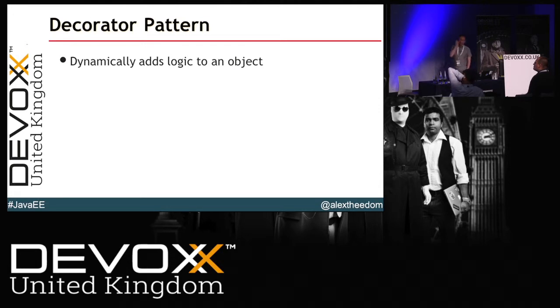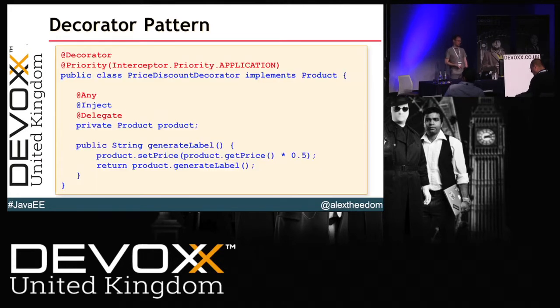A decorator pattern, if you know this, dynamically adds logic to an object. You already have an object in your system, and you want to add some functionality to it. This is how you would do it in Java EE. A series of annotations allow us to specify that this class is a decorator, and the @Any annotation collects every instance of every concrete implementation of every product interface, puts it into a product, and whenever a getLabel method on a product is called, it's delegated to this method.